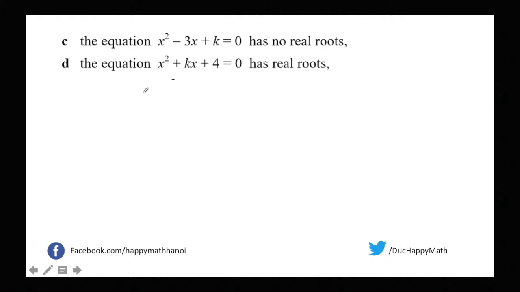Question D has real roots. Here you don't know whether this is an equal root or distinct roots, so I set up the condition that delta has to be greater than or equal to 0. So we set up delta first: k squared minus 4ac greater than or equal to 0.